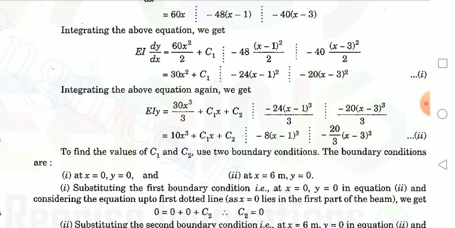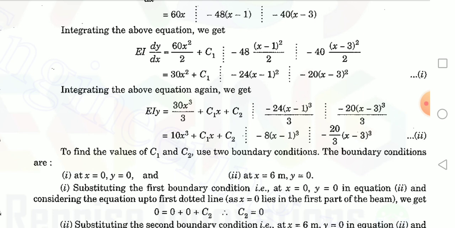Now we want to find the constants C1 and C2. For that we apply the boundary conditions. To find the values of C1 and C2, use two boundary conditions. The boundary conditions are at x equal to 0, y equal to 0. So at the left end, x equal to 0, y also becomes 0.